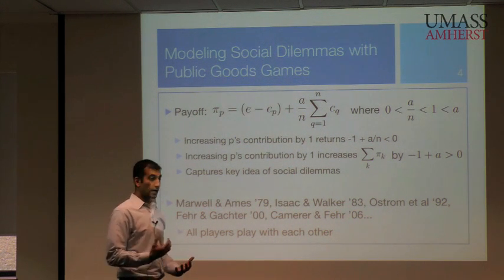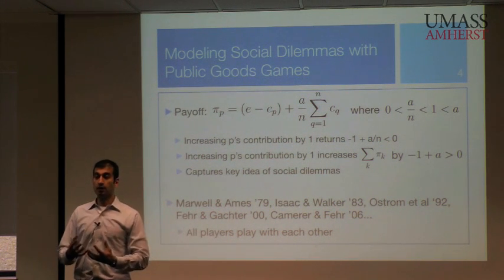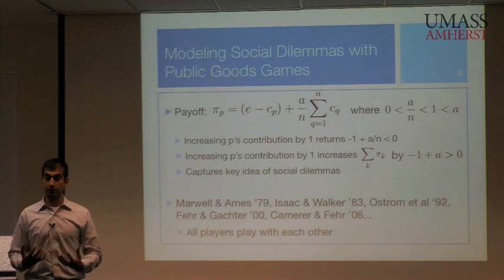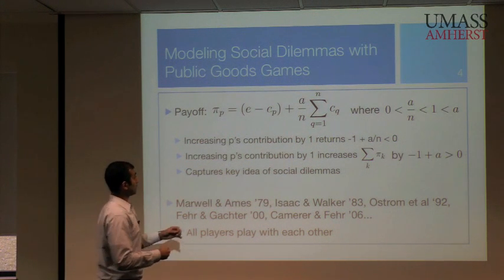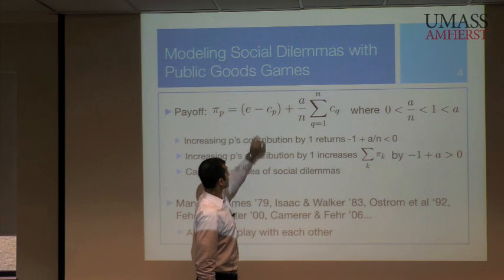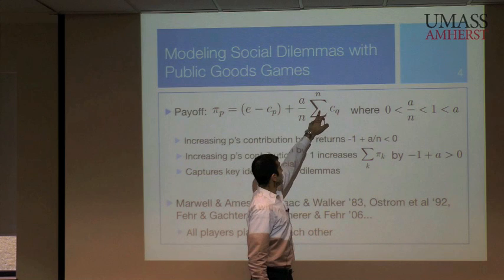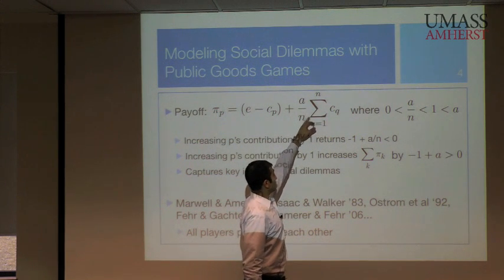Now, observe what happens to the sum of everyone's utility if player P increases his contribution by 1 unit. For player P, this term goes down by 1. And then for everyone, this summation goes up by 1, multiplied by A over n. But there are n players.